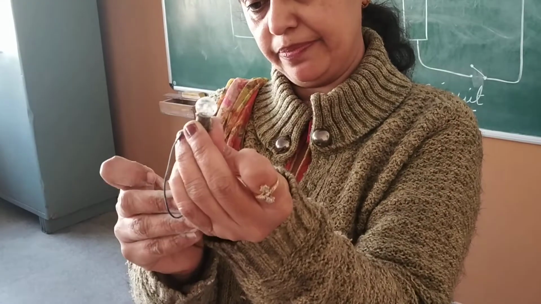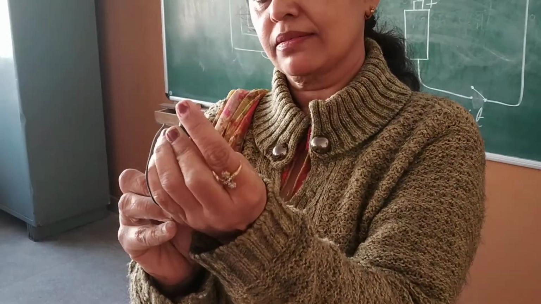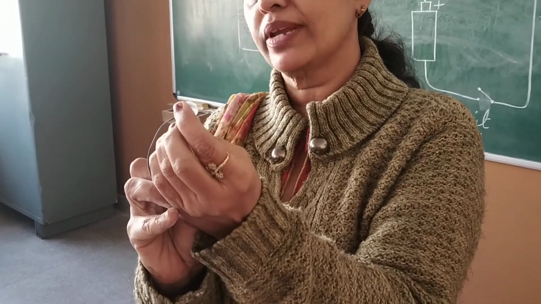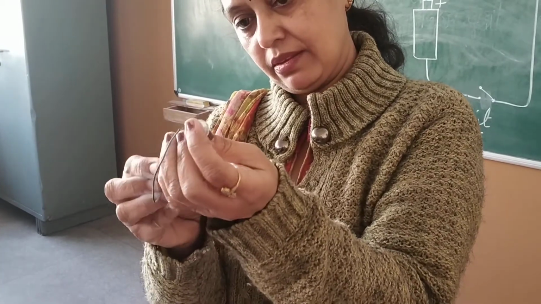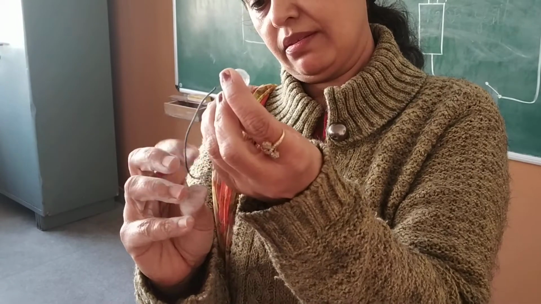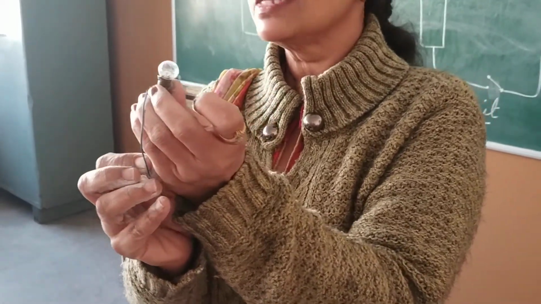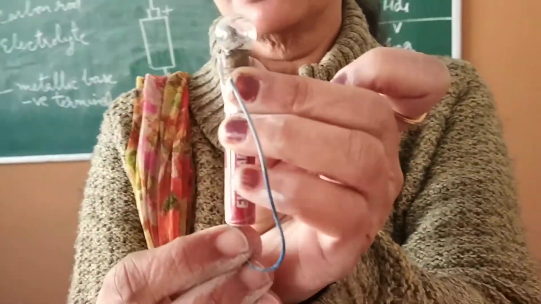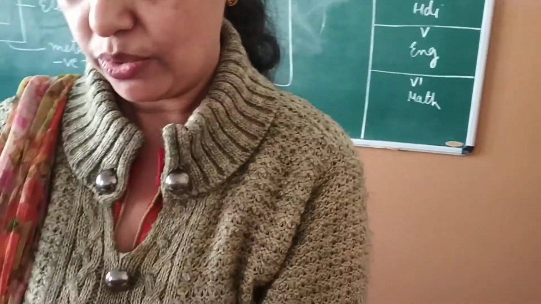The cell may be dead, one more reason, or sometimes a loose connection is there. This is how to make it. Okay, it's not glowing. Maybe the bulb may be fused.